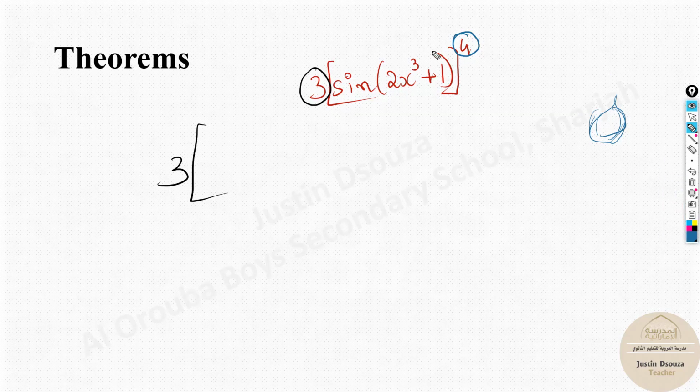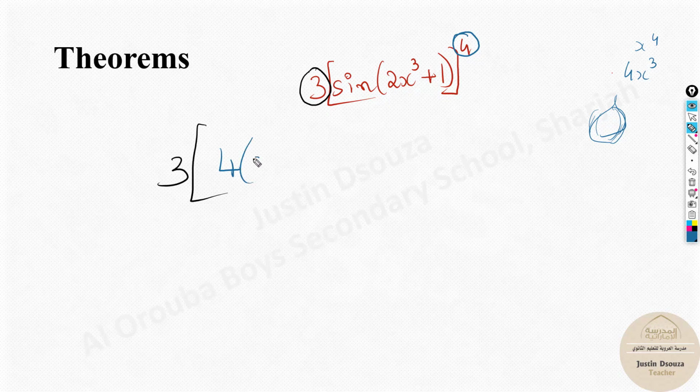Now, use the power rule. The 4 will come down here. And when you derive, imagine this entire thing inside the bracket is x. If it was x to the power 4, it is just 4x cubed, because you reduce the power by 1. Same way, whatever is there, just think of it as x.